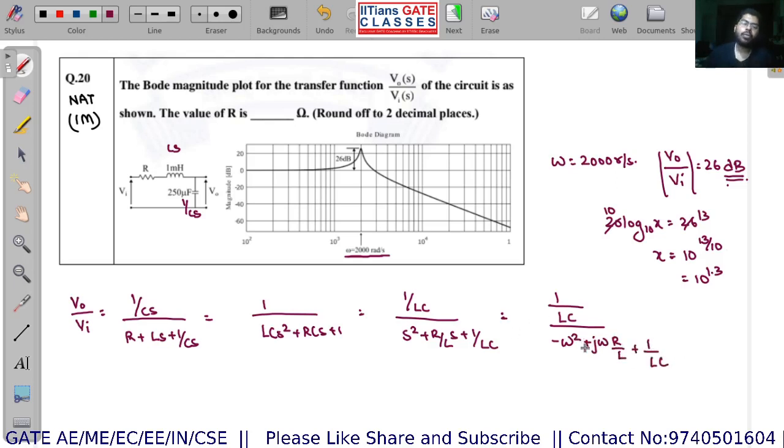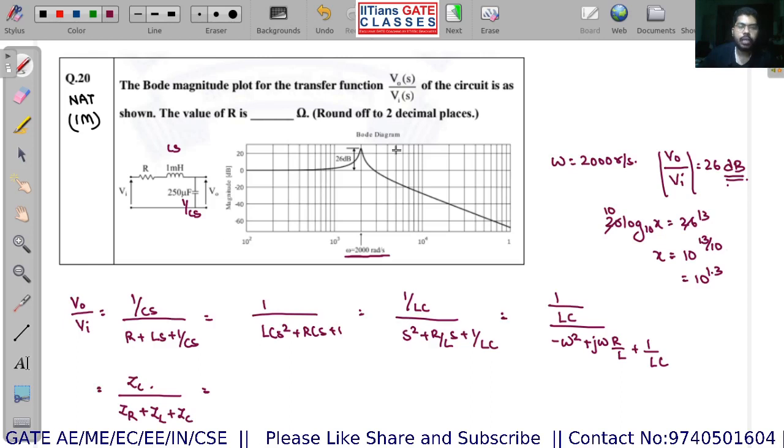Now I am going to calculate the magnitude, but you can see I have made this very simple question very complex. So what can I do? Directly write impedance of C, impedance of R, impedance of L plus impedance of C. So what is ZC?